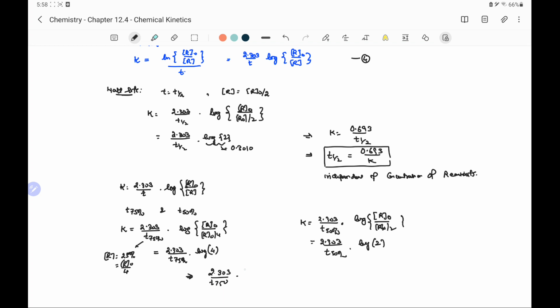Log 4 can be written as 2 log 2, since 4 can be written as 2 raised to power 2, and the power comes out of the log. And it will be equal to 2.303 by t50% into log 2. Cancelling the common terms, 2.303 and log 2, we have 2 into t50% equal to t75%. So this is an important relation we have to remember.